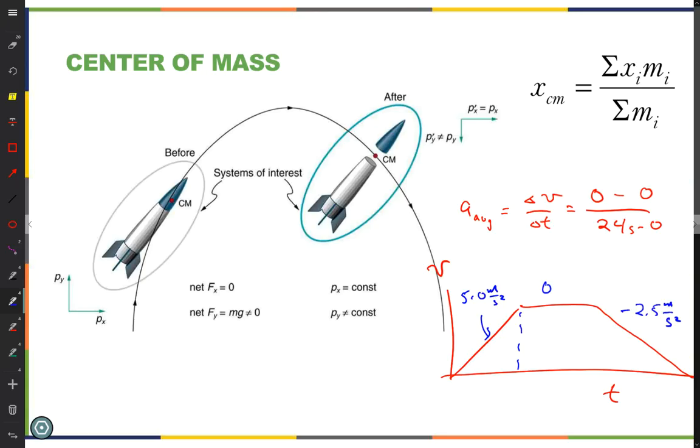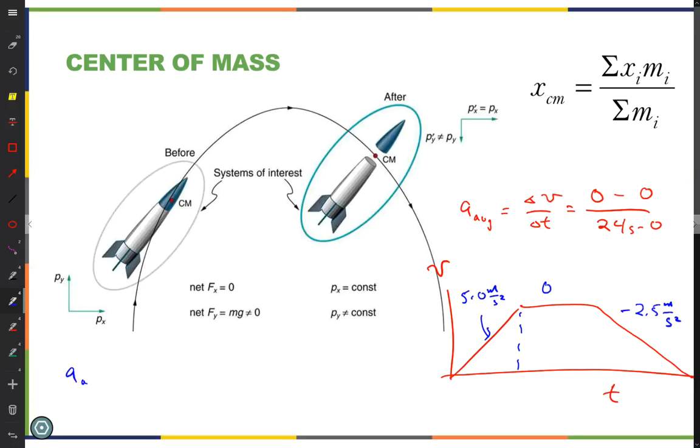But then almost every one of the people who did that, when they went to take the average, they did 5 plus 0 minus 2.5. I don't know what they divided by. That doesn't give you the right answer because it was at 5 meters per second squared for 6 seconds.